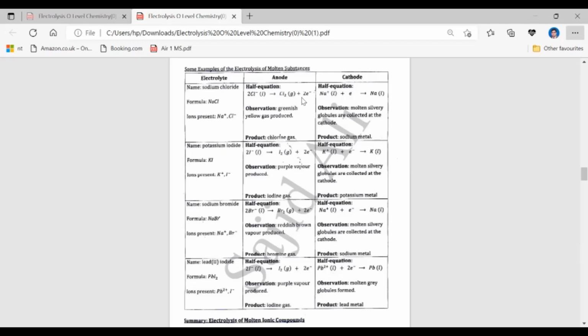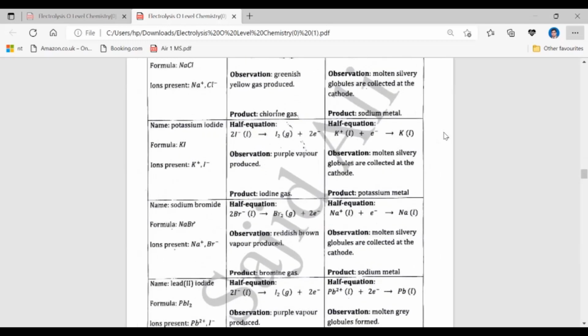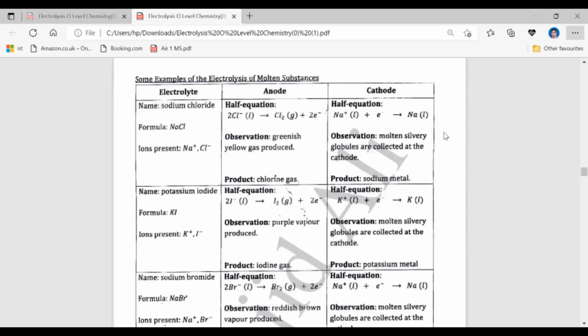So loss of electrons is oxidation. We will observe that greenish yellow gas is given off at the anode. Whereas at the cathode, sodium ions gain electrons to form sodium, that is reduction, and we observe that molten silvery globules are collected at the cathode. So the product at the anode is chlorine gas and at the cathode it is sodium metal.